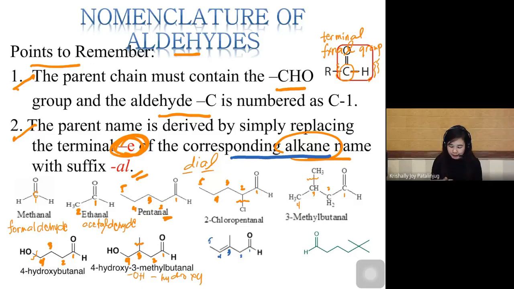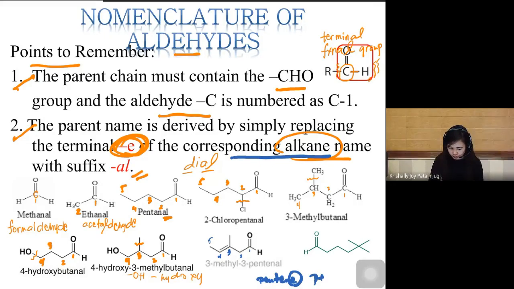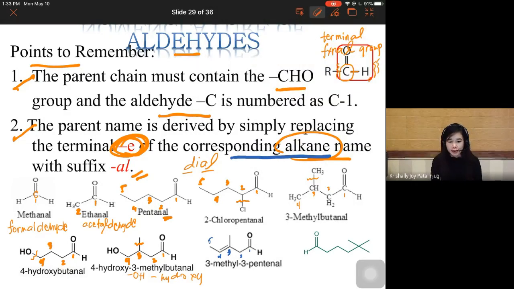So, the corresponding alkene name is pentene. So, basta ang pentene, okay, change nimo ang ending e into al. Change the ending e to al. So, pentenal. That is the parent.